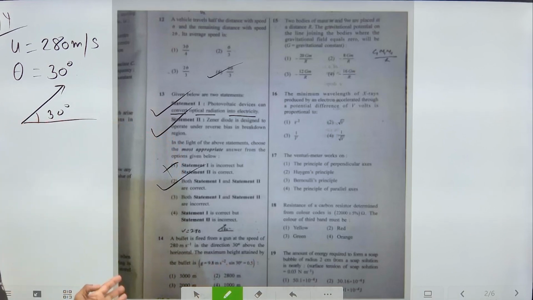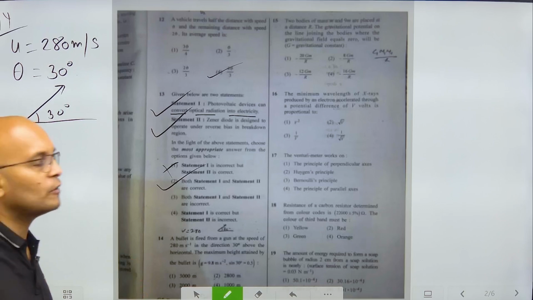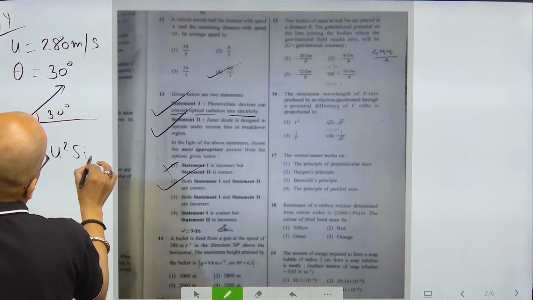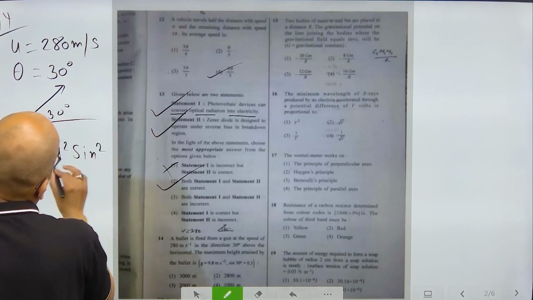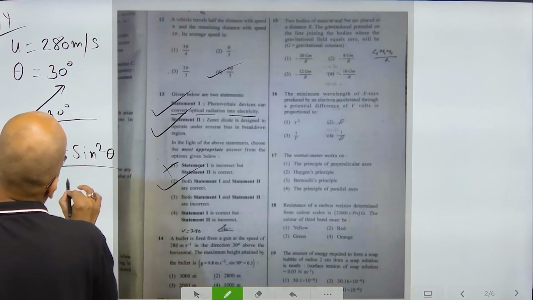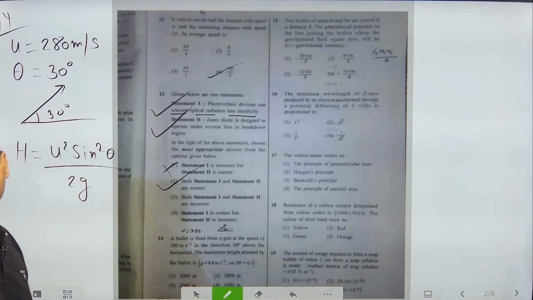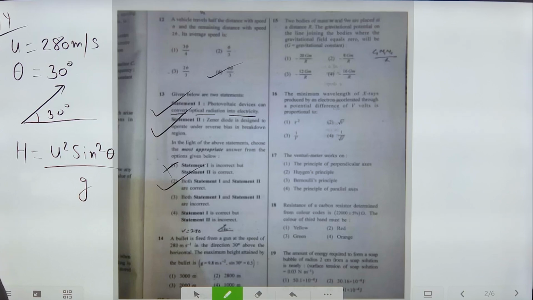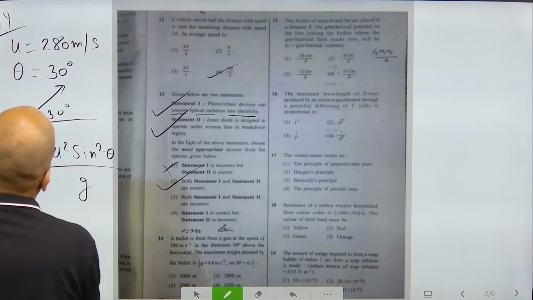Direct formula of maximum height you can apply. What is the formula? Easy questions they have asked. H is equal to u square sin square theta upon 2g. Maximum height attained, it is a projectile. Values are given.